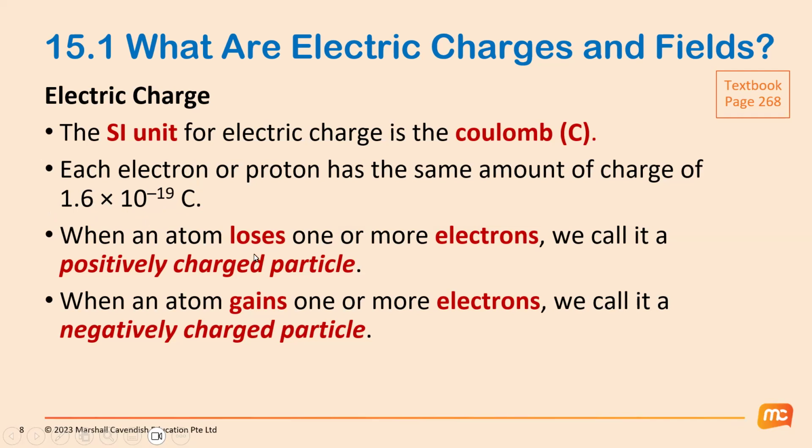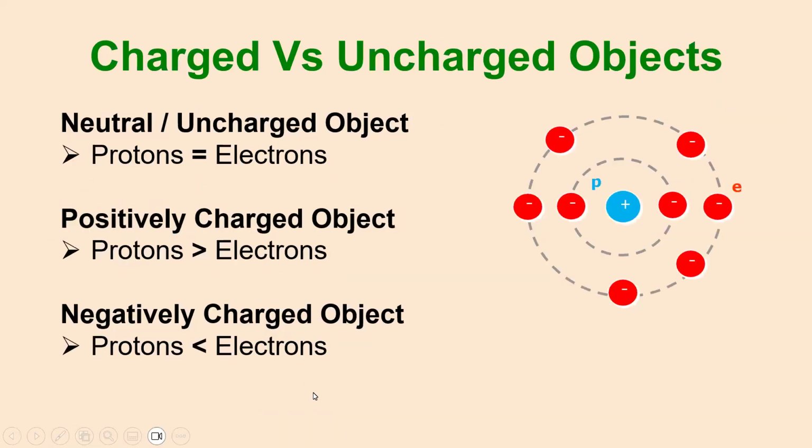Okay, and you should also know this: whenever an atom loses electrons, we say that it becomes positively charged. And when it gains electrons, we say that it becomes negatively charged. So in this case, we don't talk about atoms, we just talk about objects. When we say that an object is neutral or uncharged, it doesn't mean that it has no charge at all.